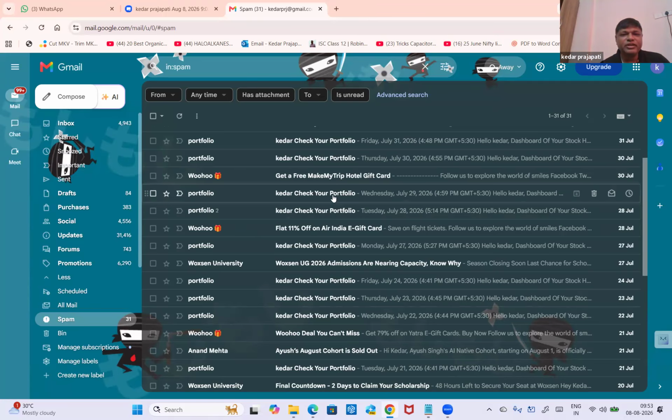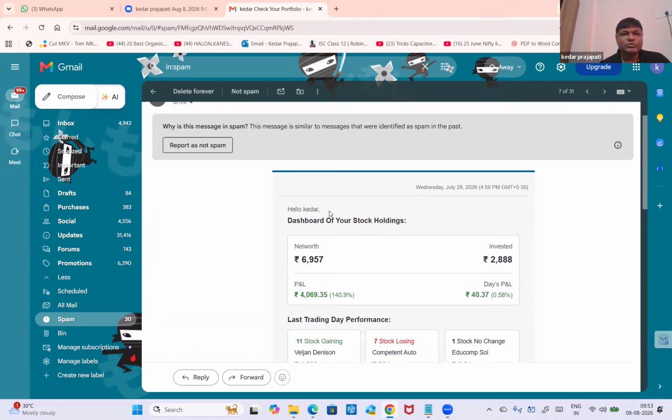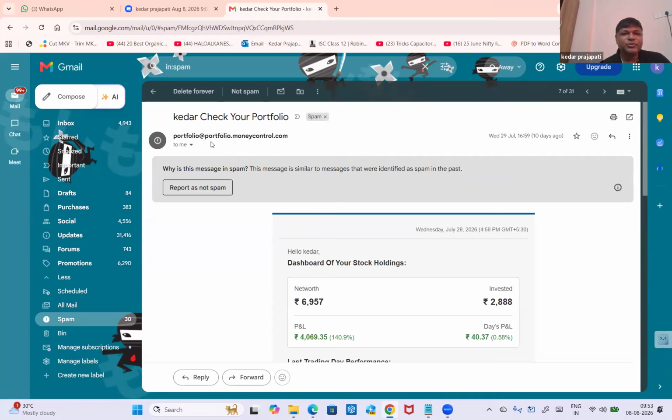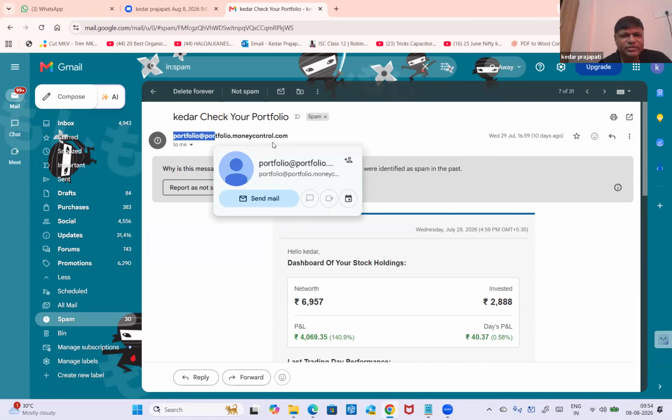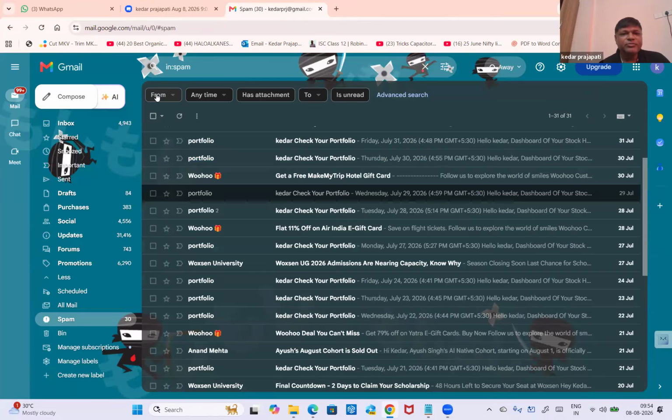I don't know where this email is coming from, a portfolio site I might have opened ten years back, but emails still come. It identifies that this email is of no use to me because in the last two or three years I hardly clicked any email, and I'm hardly logging into this Moneycontrol website. So user behavior is being detected here.